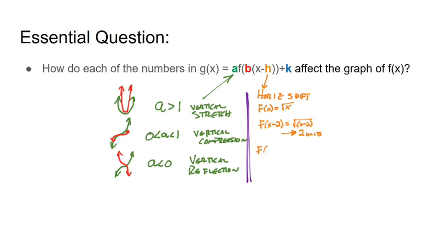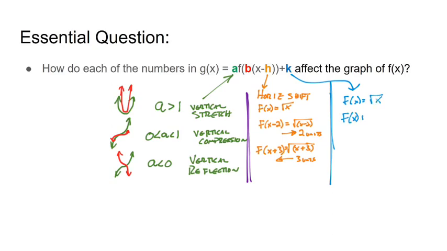If you were to take your function and say x plus 3, so instead of the square root function, you are now doing the square root of x plus 3, that would mean you took it to the left 3 units. And lastly, let's talk about this k value. I think the k value is a little more straightforward.